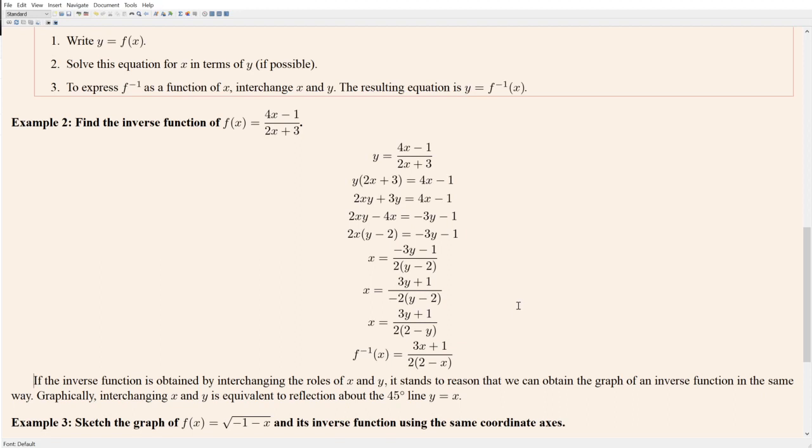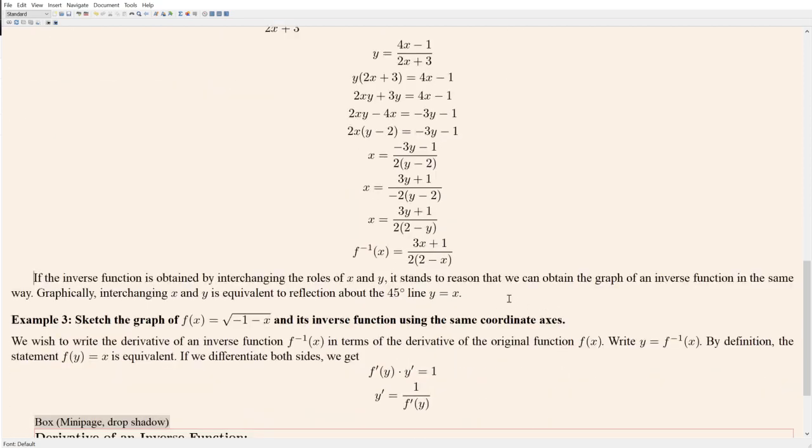Every x coordinate gets turned into a y coordinate, and every y coordinate gets turned into an x coordinate. Indeed, this is all you need to do: take the original function, interchange the roles of x and y, and you get the graph of the inverse.